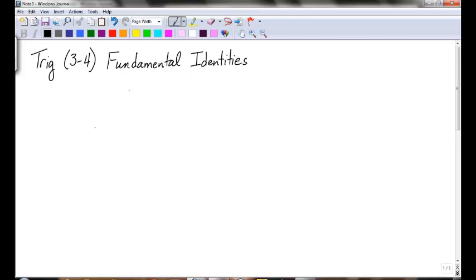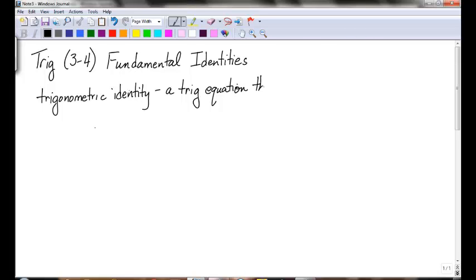First, you need to know what a trig identity is. Definition-wise, a trigonometric identity is a trig equation, so that means it is going to have an equal sign in it. As soon as you see the word equation, it's a trig equation that is true, and mathematicians are lazy.